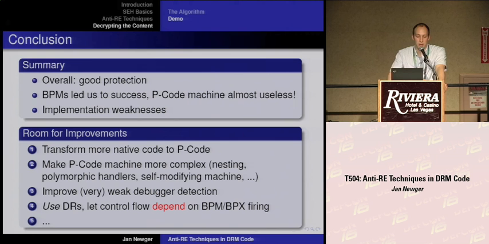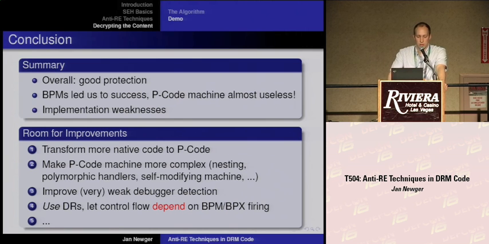You could also make the P-code machine more complex. You could do some nesting: a P-code machine inside a P-code machine, and so on. Or you could have polymorphic handlers, self-modifying machines, so the sky really is the limit. As I said, the debugger detection is very weak and just uses some old techniques.